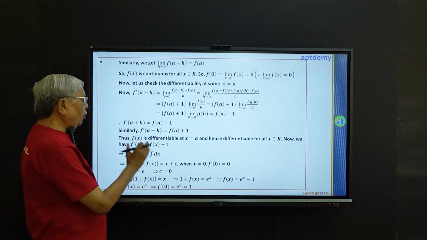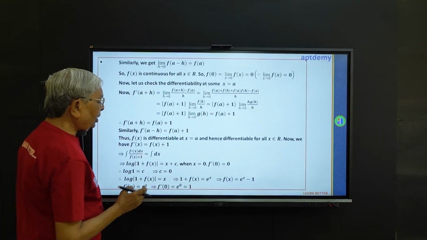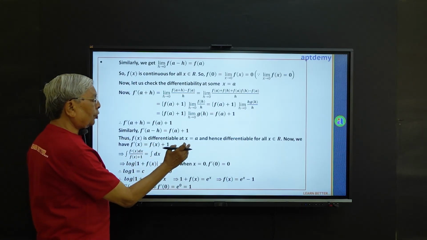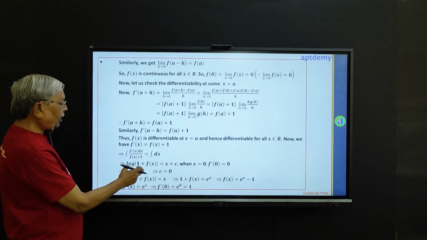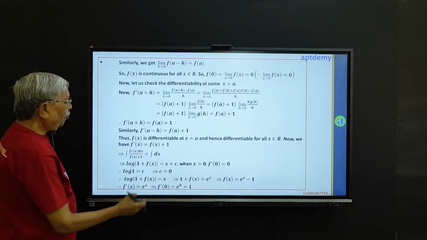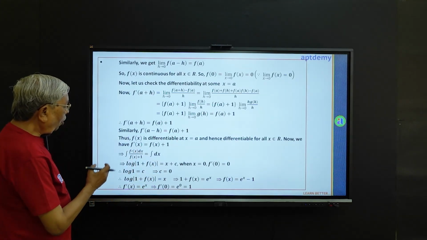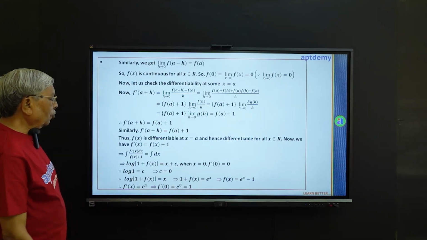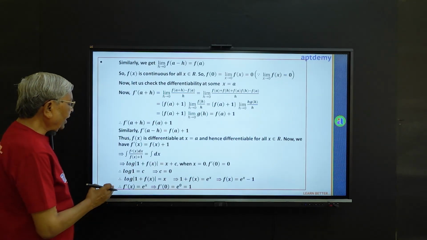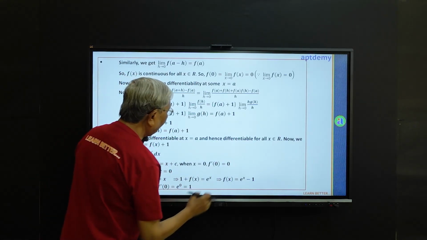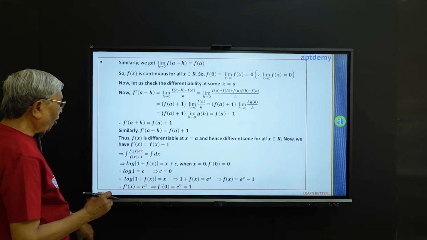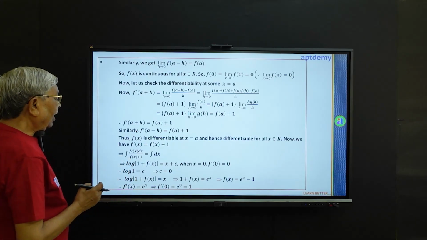Now we have to find the value of the constant of integration. We are given that at x equal to 0, f(0) equal to 0. So put here log 1 equal to c, so c equals 0. Therefore log(1+f(x)) is equal to x. So 1+f(x) is equal to e to the power x. This implies f(x) is equal to e to the power x minus 1.